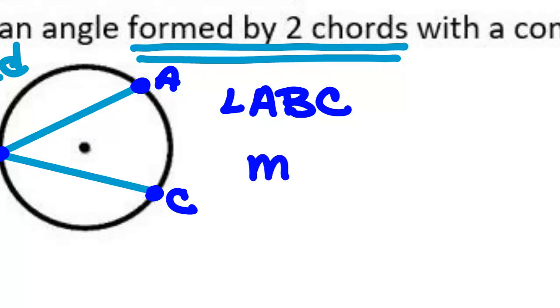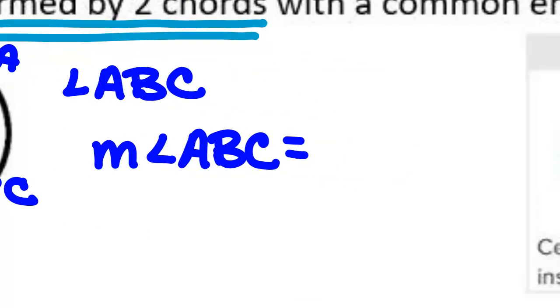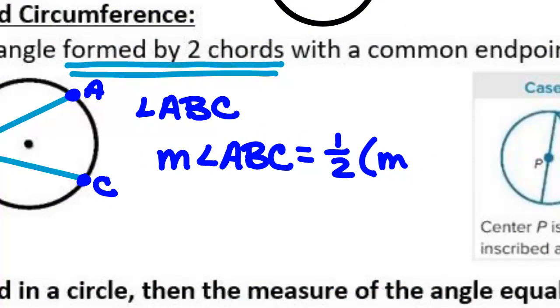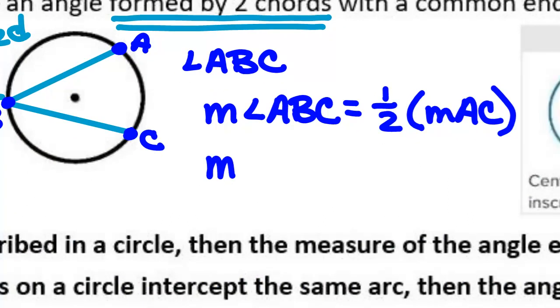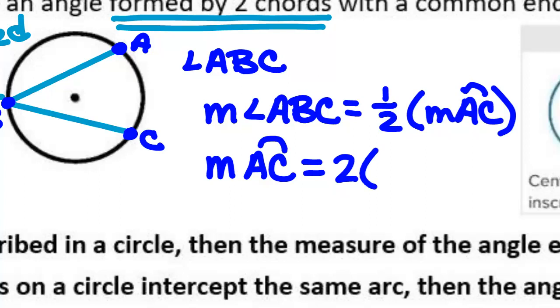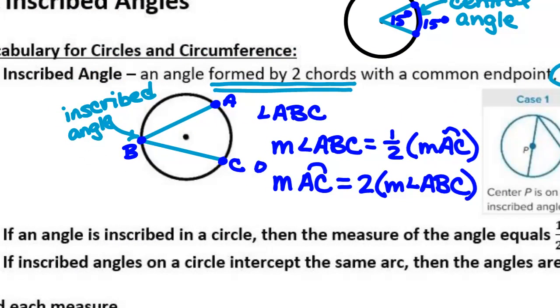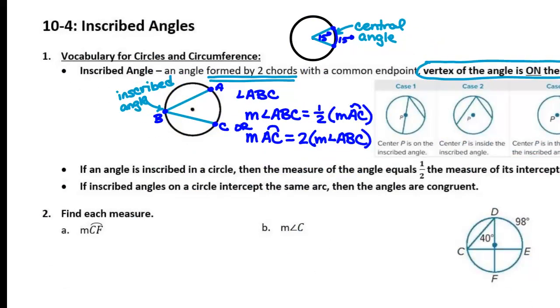The measure of my angle ABC is going to be half of the arc that it captures. So half of arc AC. And therefore the measure of the arc, I forgot to put the arc symbol there, the measure of the arc is 2 times the measure of the angle. So the angle is half of the arc, the arc is double the angle.